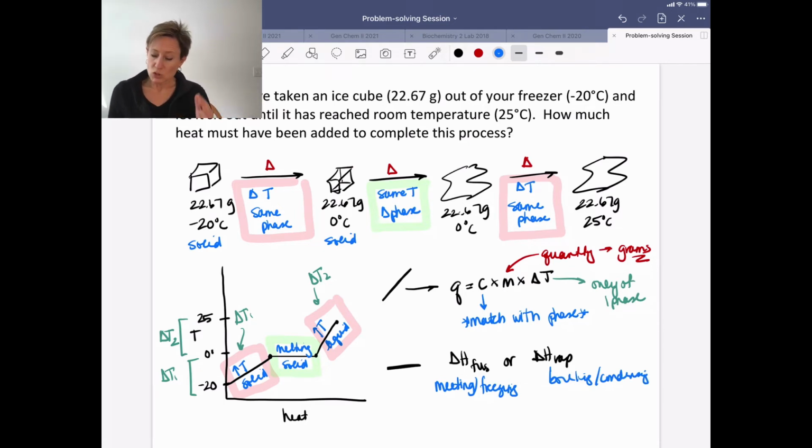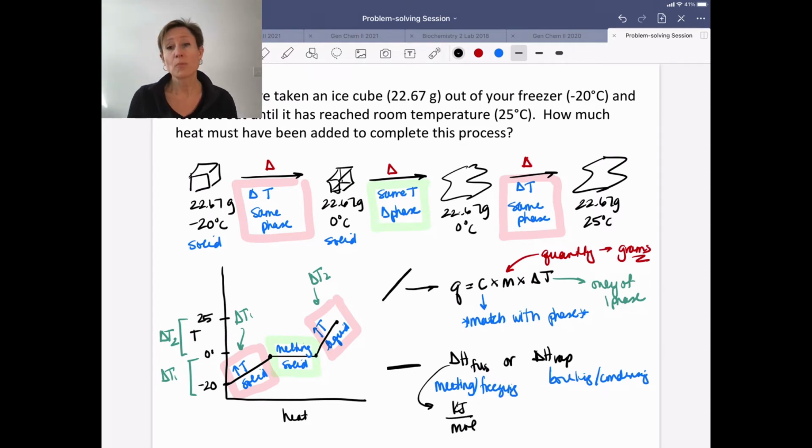So how do I use this parameter? Basically, I take this delta H of fusion, which has units of kilojoules per mole, and I multiply it by the number of moles of my substance that I have. Note up here, this was given in terms of grams.